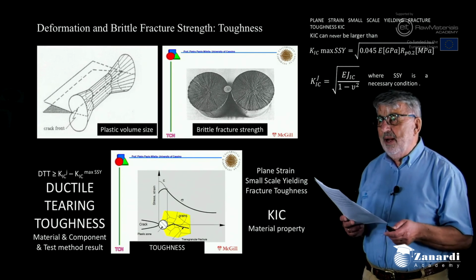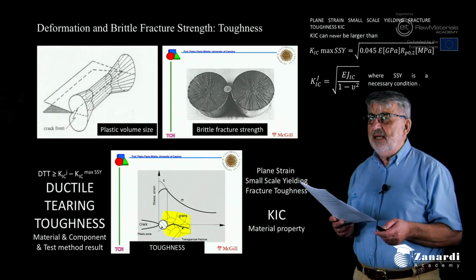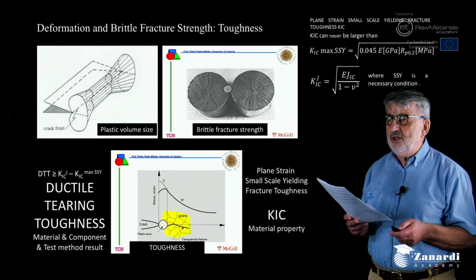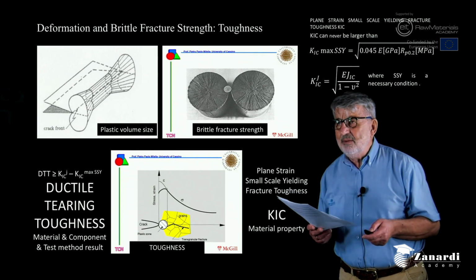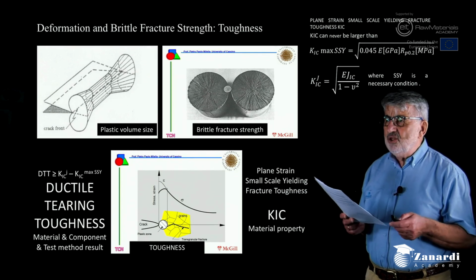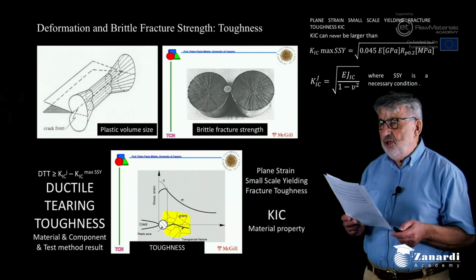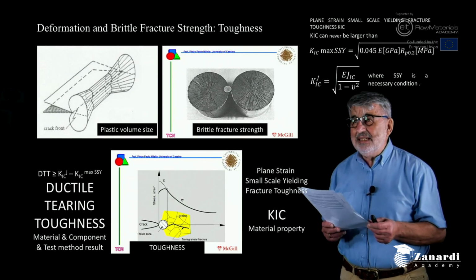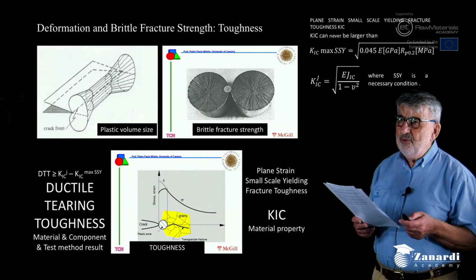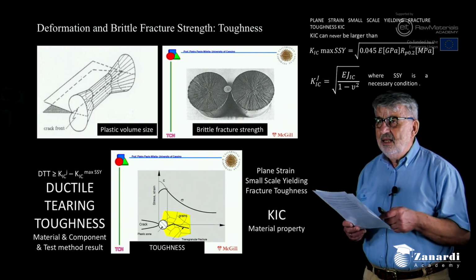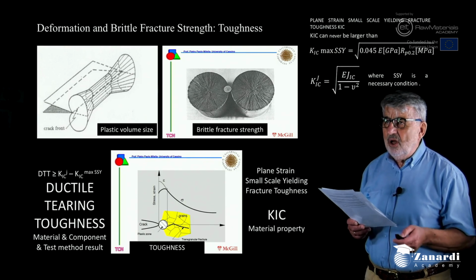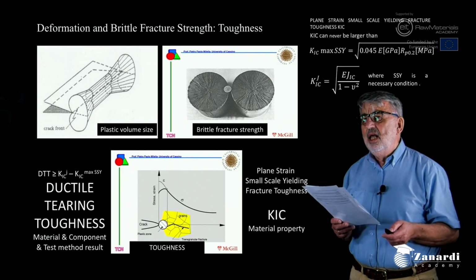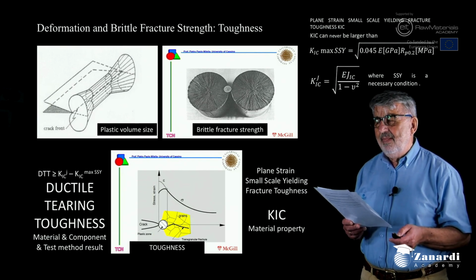And this is a problem with ductile materials, where we are not able to measure directly the K1C property, and so we have to use the J approach. But the conversion from J to K is allowed only if the small scale yielding condition is guaranteed.